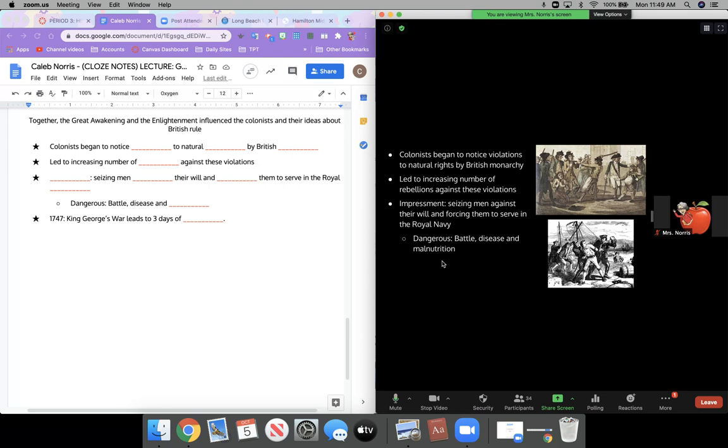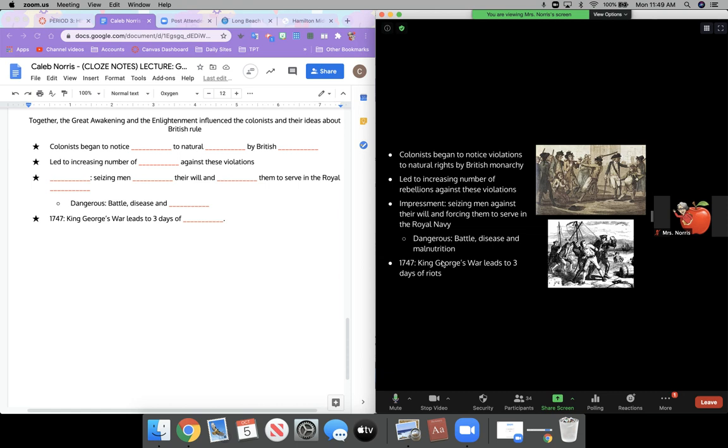So they were dying from being in battle. They were dying from the diseases that they couldn't get better from. They were dying because they weren't being fed properly. So they didn't want to participate in this. And it was for the British. It wasn't for us. An example of that would be King George's War in 1747. And King George sent his navy over, and as it was going over, there were naval officers who would leave and they would never return.